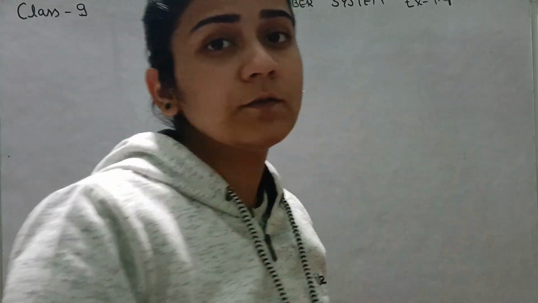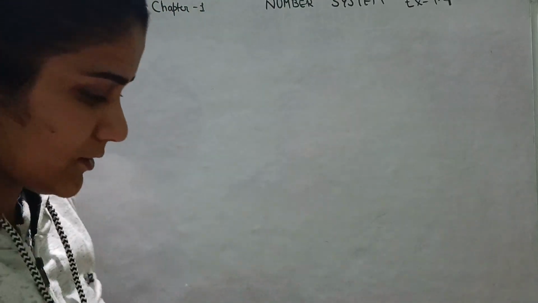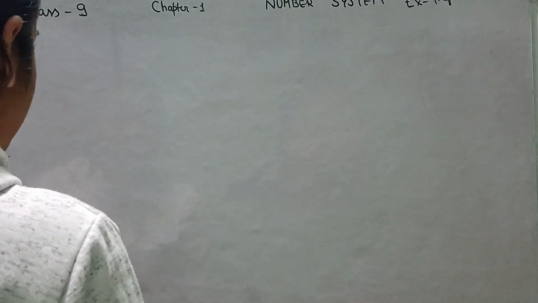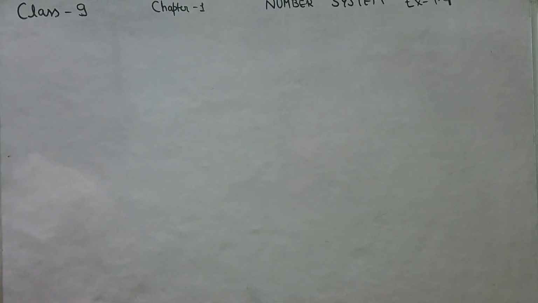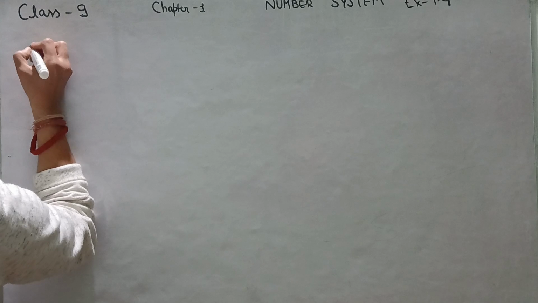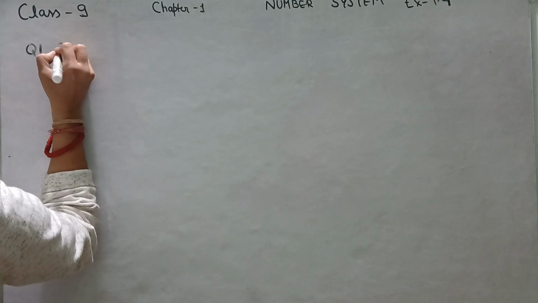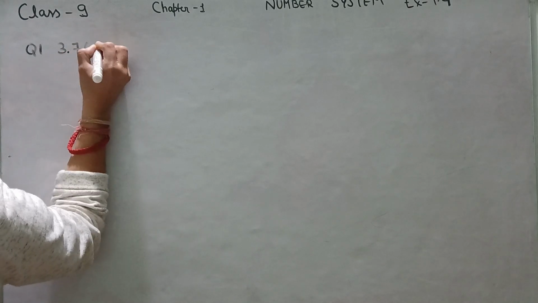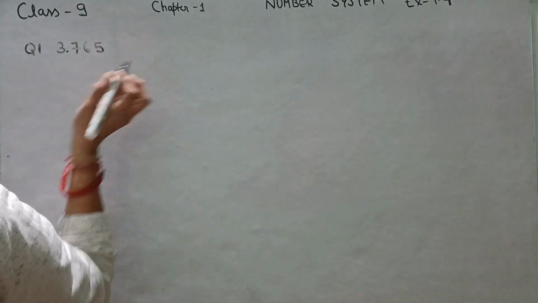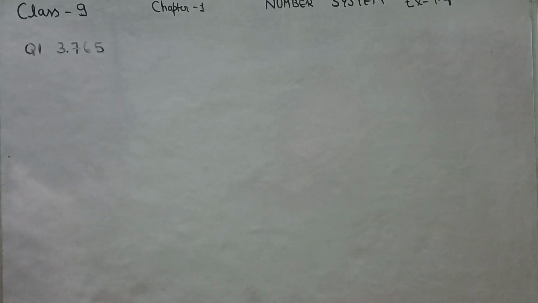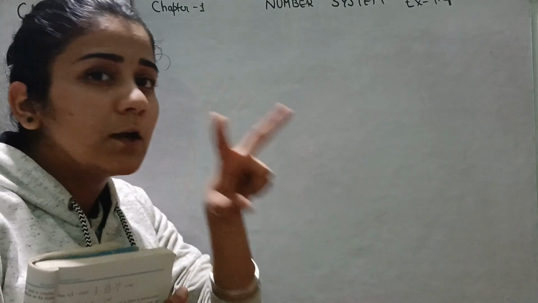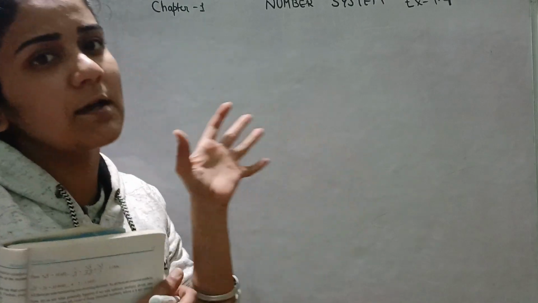What we need to do is simply represent 3.765 using successive magnification. It is nothing but there are 2 numbers, we need to magnify these 2.